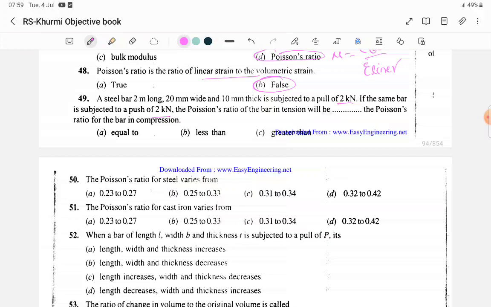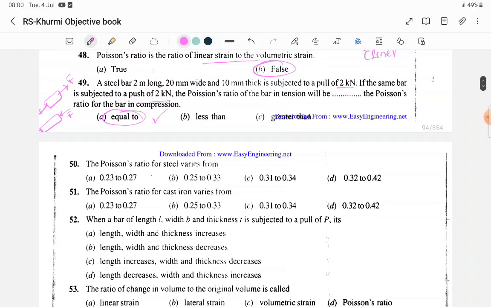So 49 is A. Always remember, when the same compressive force or the same tensile force is applied on the same bar at the same location, the Poisson's ratio of the bar in tension will be equal to the Poisson's ratio of the bar in compression. If you want, you can also check it by calculating the two formulas for compression and tension.